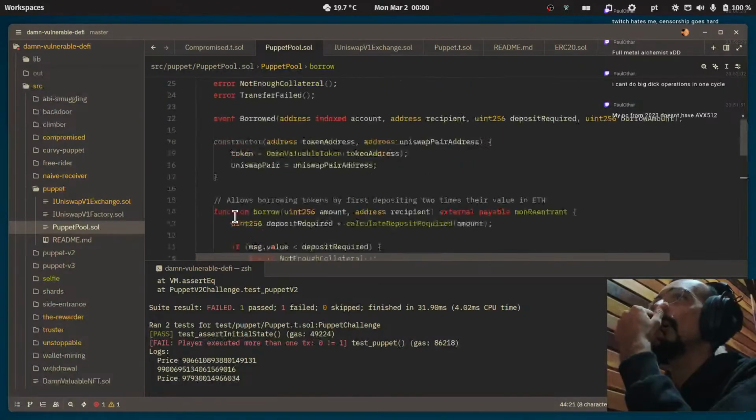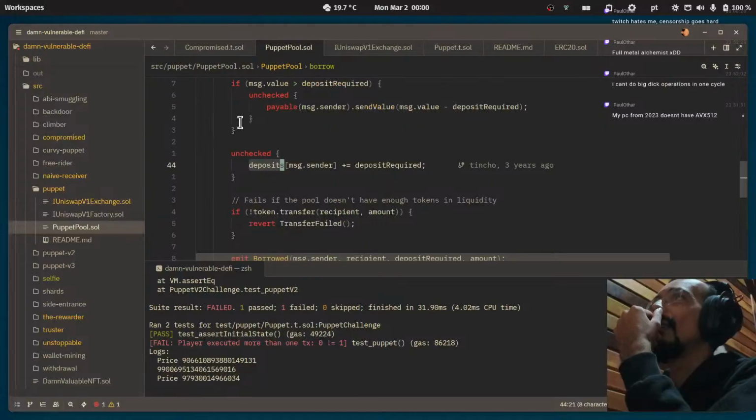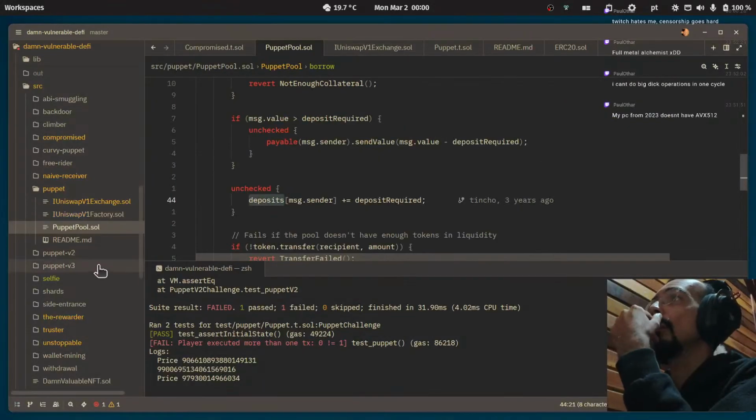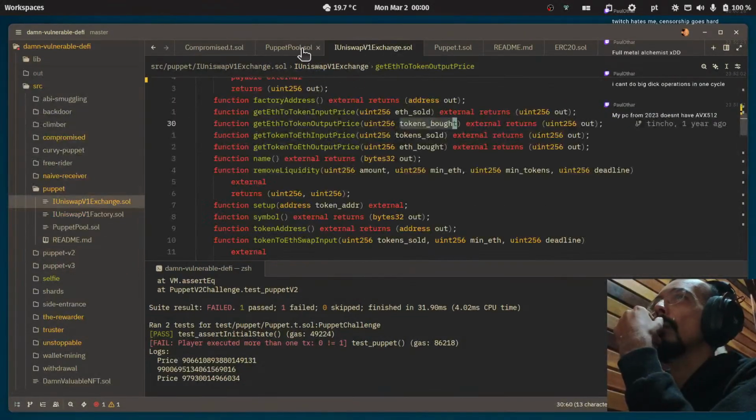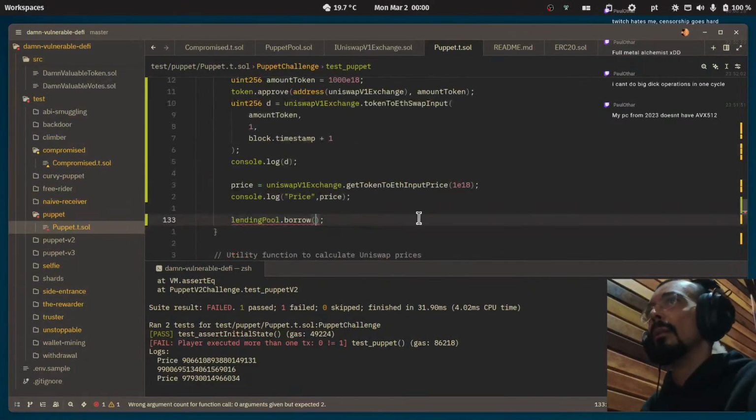Why they have deposits? They don't use deposits for nothing. Maybe they're gonna use it in the Puppet 2. Okay, so the amount we want to borrow, it's everything they have.